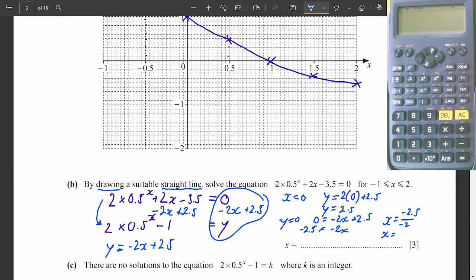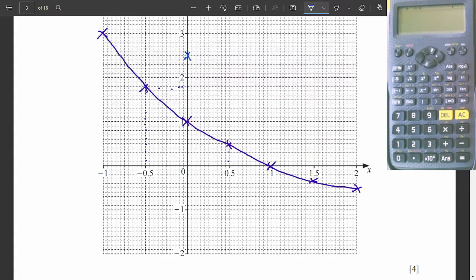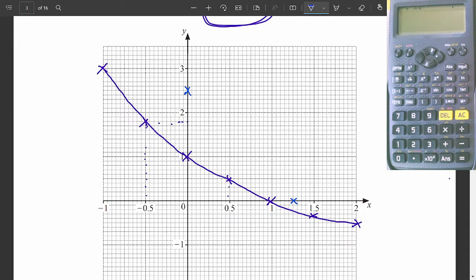Two negatives make a positive. 2.5 divided by 2 is 1.25. So we now know it will cross the x-axis at 1.25, which is over here, halfway between 1 and 1.5. We now have 2 points on our graph, and we can draw a straight line. And so let's do that as accurately as possible with a ruler and a sharp pencil.